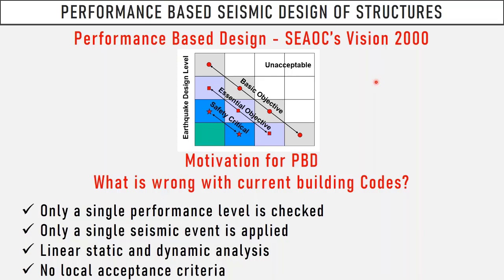Although we know that structures will respond nonlinearly inevitably in seismic actions, we are trying to reflect this behavior through some factors like seismic load reduction factors, or other R factors or Q factors, and try to simulate, or try to find the nonlinear response. Of course, this was not that acceptable or that efficient.